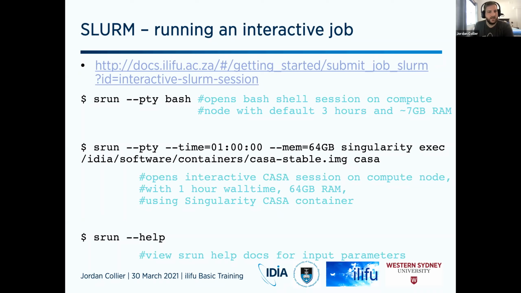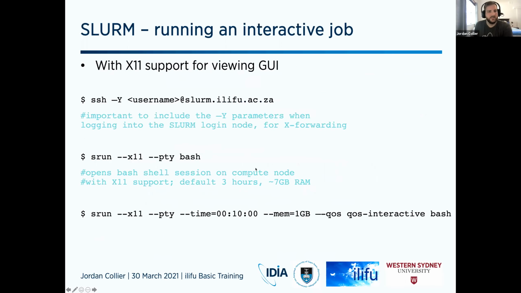But if you have a better estimate on the wall time and memory allocation that you want, then you can pass those in as time, 1 hour, 64 gigabytes, for instance, and then you could even run the Singularity call and software from there. And then, of course, you can pull the help up if you want to see the help.